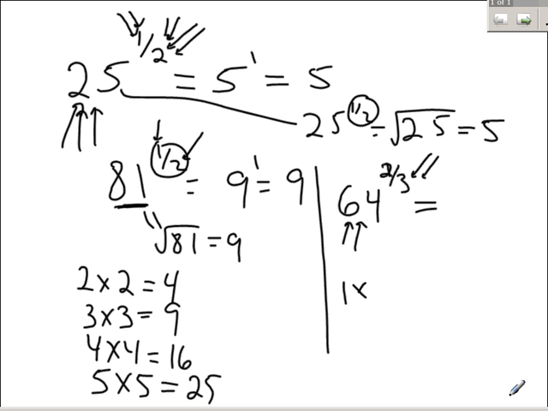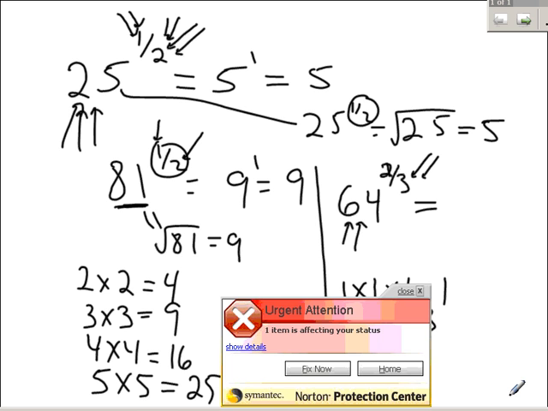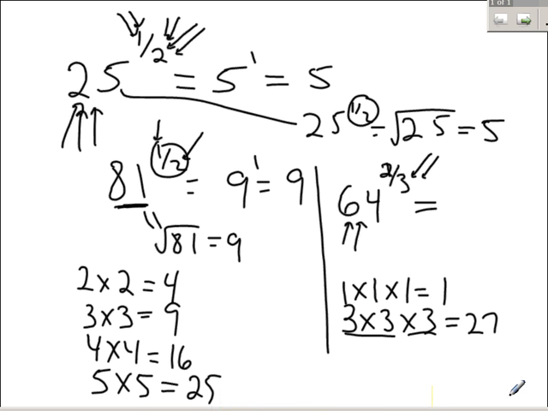Well, what times itself 3 times? You really don't know. You just don't say, I don't know, and give up. You try. I multiply 1 by itself 3 times. I got below 64. Let me try 3. 3 times 3 is 9, times 3 is 27. That's still too small.